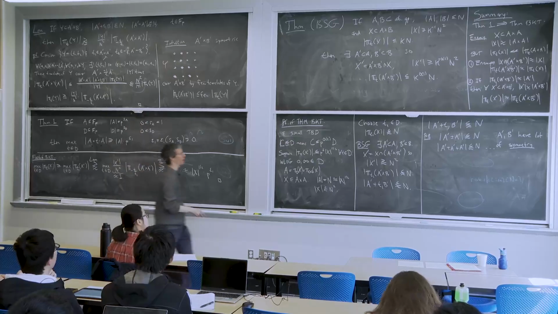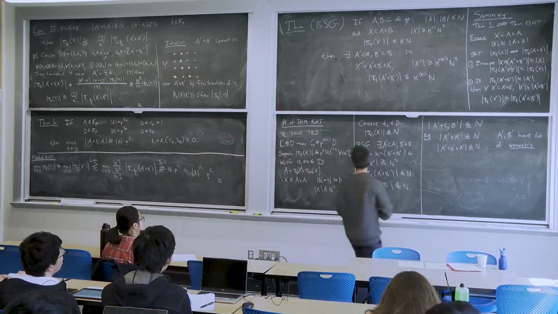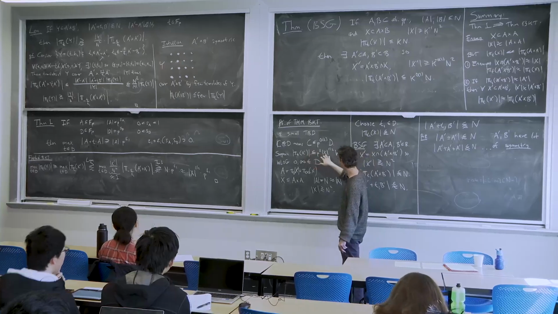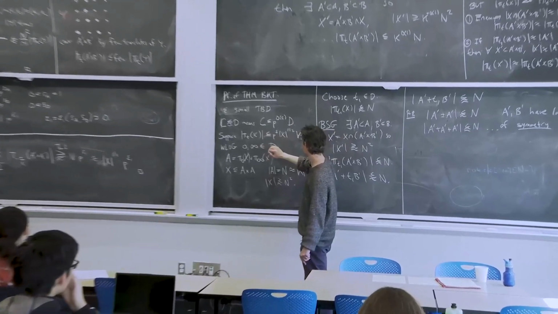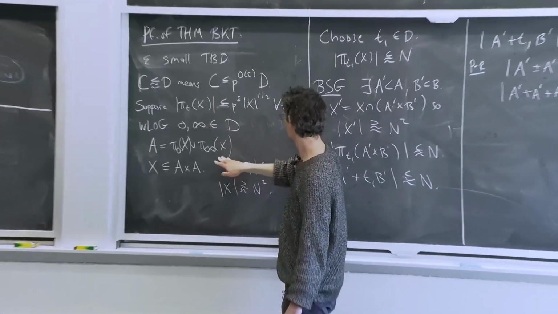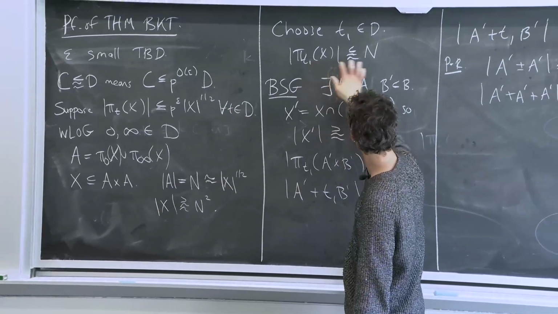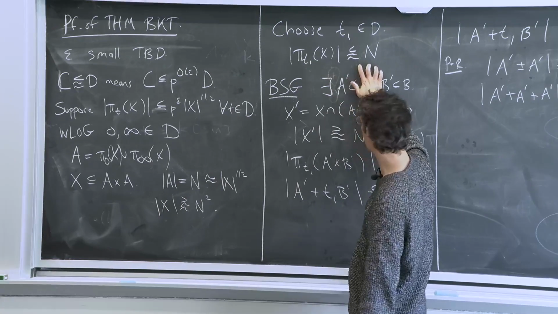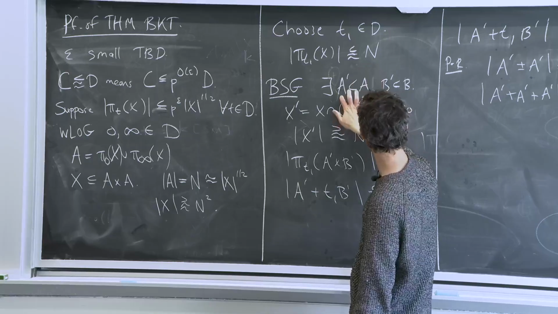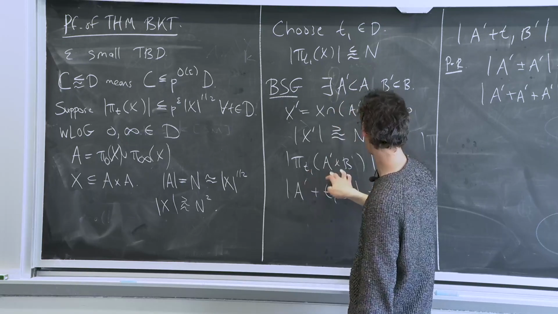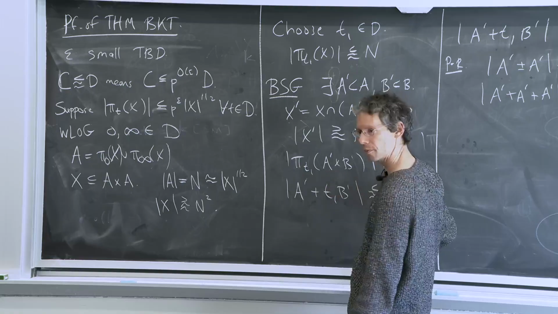So let's see where A' appeared. We have our set with many small projections. In particular, the t1 projection is small. And so the Balog-Szemerédi-Gowers theorem says there's A' in A and B' in B so that the t1 projection of A' cross B' is small.